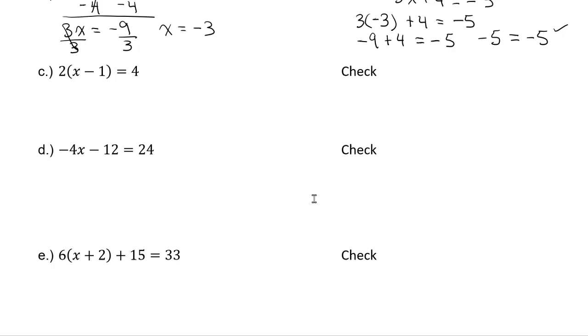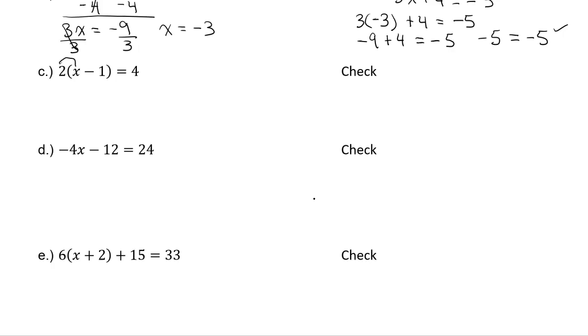All right, so for C, the simplifying that we have is to actually do distribution on the left-hand side, right? So you always have to get rid of your parentheses if there are some and there are things inside the parentheses that can't be combined, right? Which in this case, x minus 1 cannot be combined. So we do the distributive property.